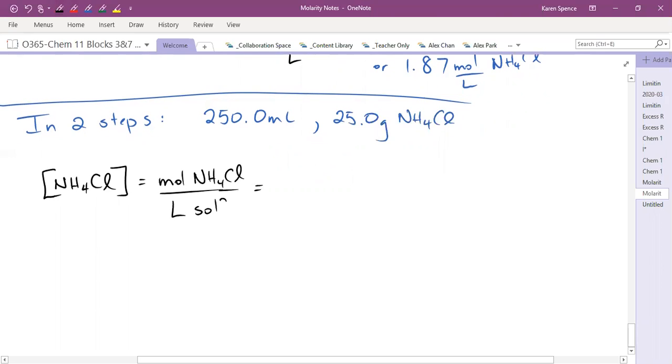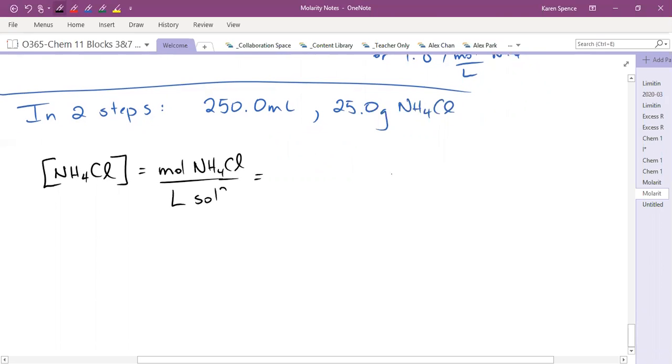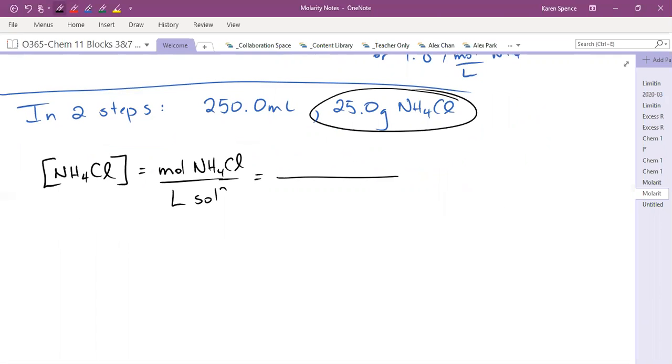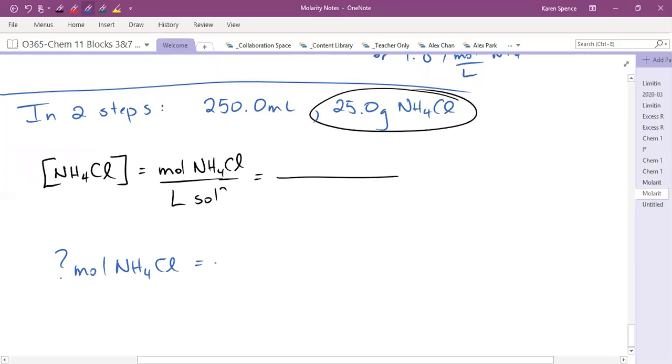And I don't know those numbers yet, so what I will do is I will say I do know something about the ammonium chloride. I know the grams. So we will start by taking our 25. I want to find, whoops, sorry, moles of NH4Cl, and we're starting with 25 grams NH4Cl.